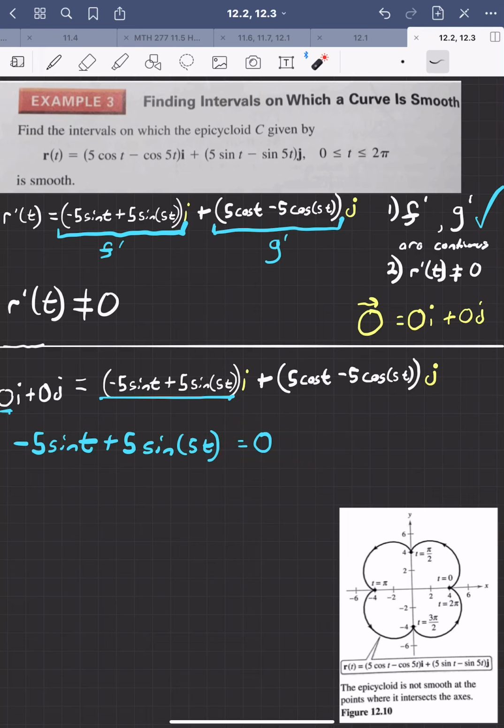Even if you're extremely savvy with doing mathematics in your head, that's still fairly hard to do. So I'm going to go ahead and factor out a 5. Let me rewrite that. In fact, I'll factor out a negative 5.